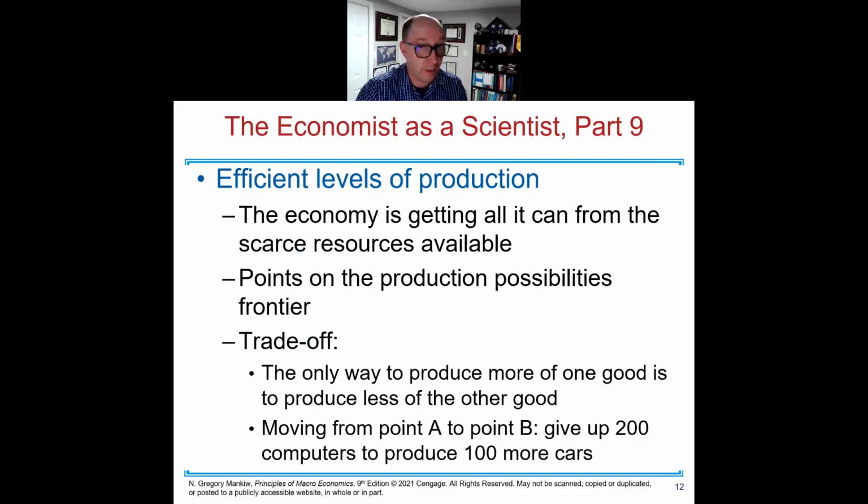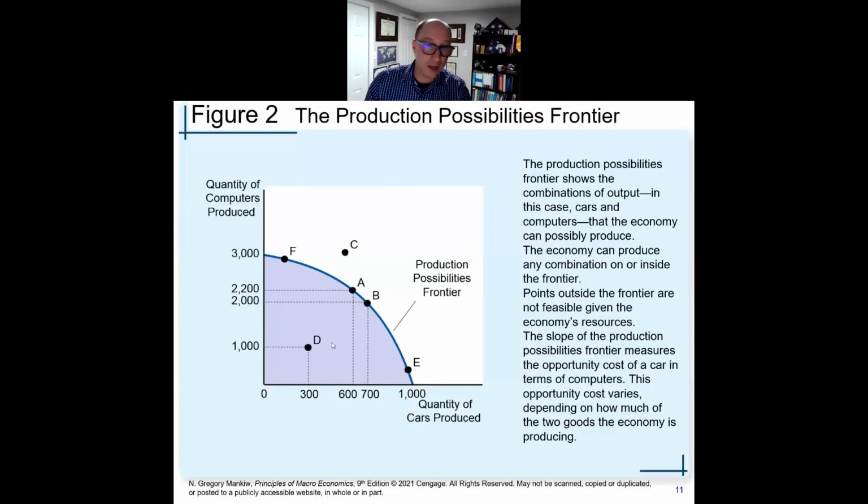The efficient levels of production are represented by the points on the production possibilities frontier, the one I just showed you, the graph. The trade-off here is that we can only produce more of one good over another. You notice that, right? So like if we go back to the graph, I can either produce more computers or more cars.